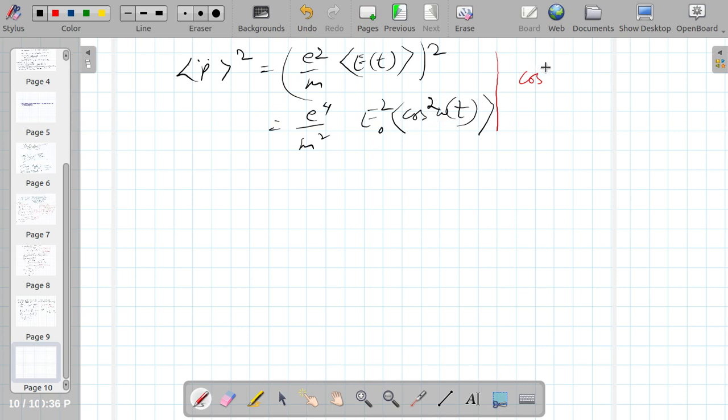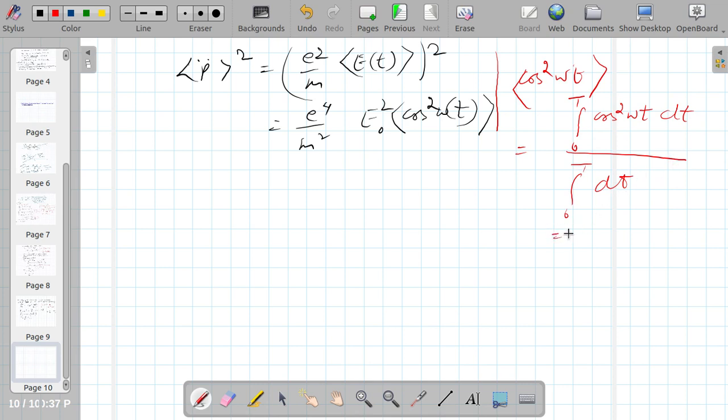Now to find its average value, it is the integral from 0 to T of cos squared omega t dt divided by the integral from 0 to T of dt.